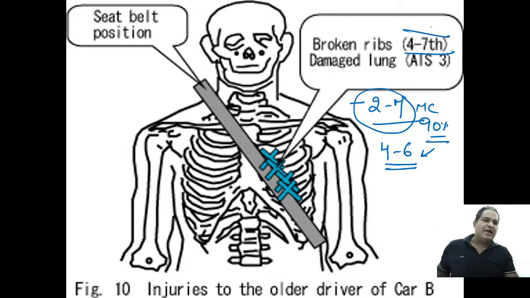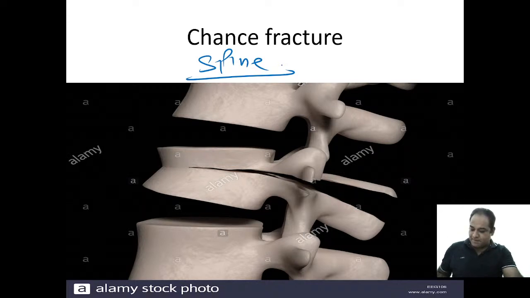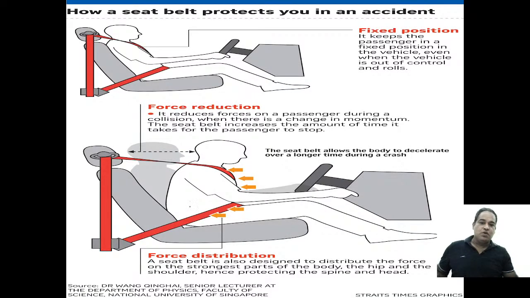So seatbelt injury can cause 4th to 7th rib fracture. Spine fracture would be a Chance fracture due to hyperflexion injury. This is how the spine fracture would occur. Again, this is the sign of patterned bruising.